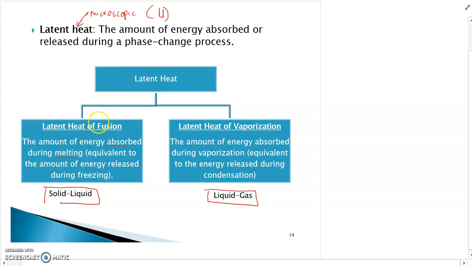So latent heat of fusion is related with solid and liquid phases. While for latent heat of vaporization, as the name says, it is the amount of energy absorbed during the vaporization process, which is also equivalent to the energy released during the condensation process, and that's related with liquid and gas.